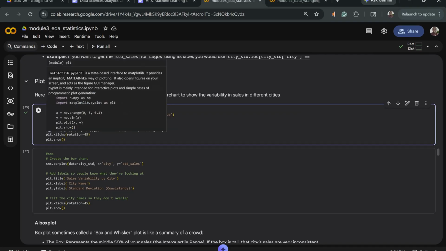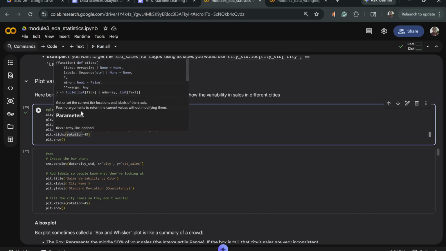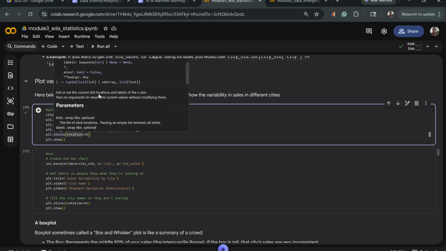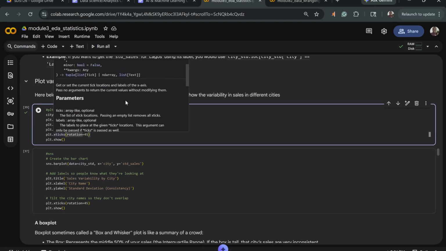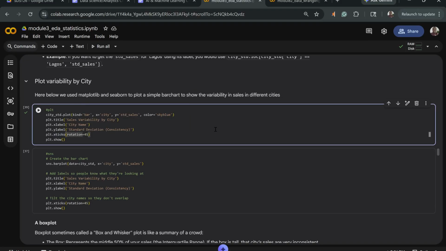Plot xticks, I don't know what this is, but we can check it here. It gets or sets the current tick locations and labels of the x-axis. Yeah, it's giving us the tick locations. I don't really know much about this, so we can read on that and discuss it. If you know, I would love to get it from you.